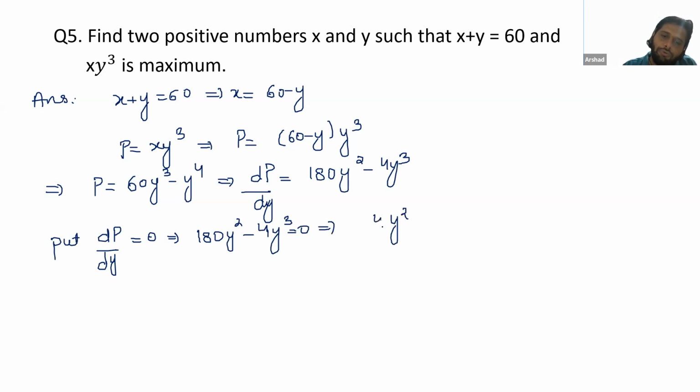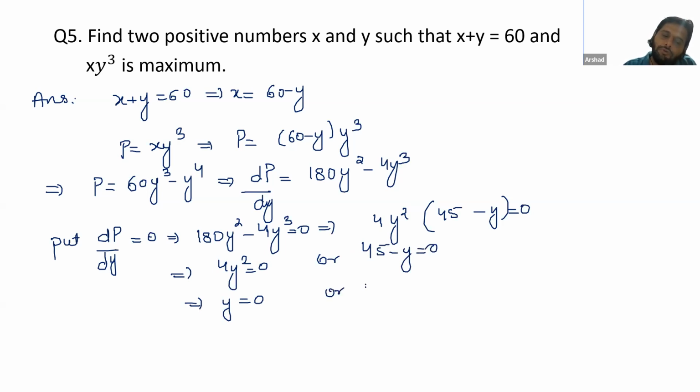So you will get 4 y square into 45 minus y is equal to 0. Which will give you y is equal to 0, or 45 minus y is equal to 0. This will give you y is equal to 45.